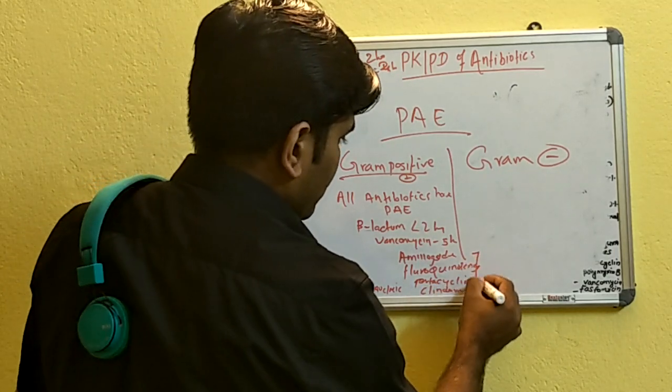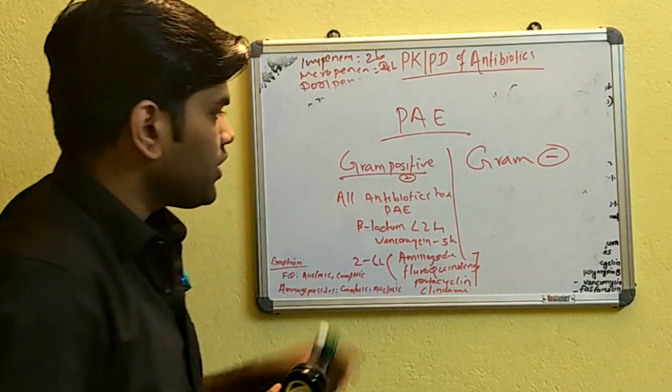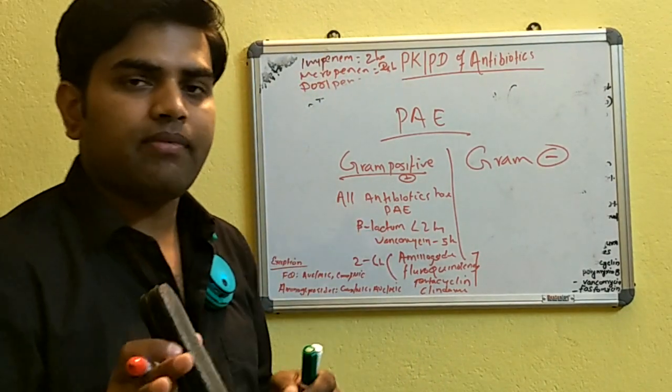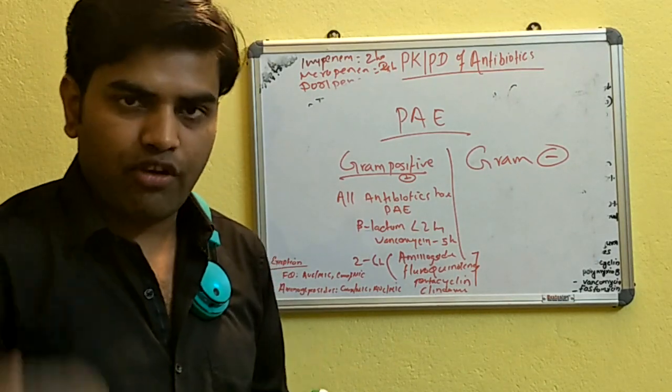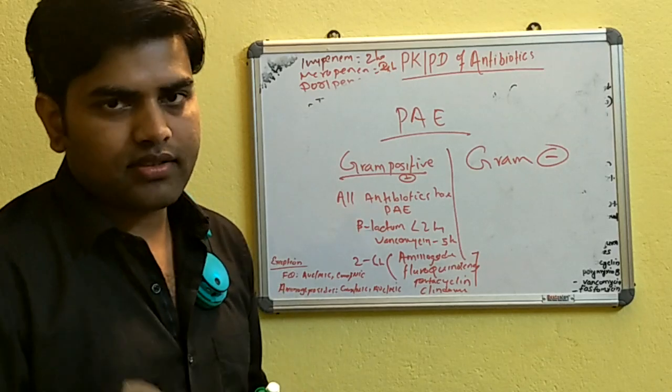These all mainly have 2 to 6 hours. So for gram positive organism, every antibiotic has some post antibiotic effect and they vary according to the class.